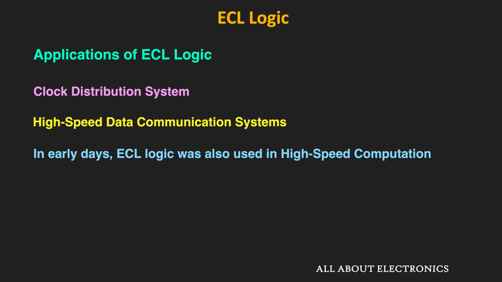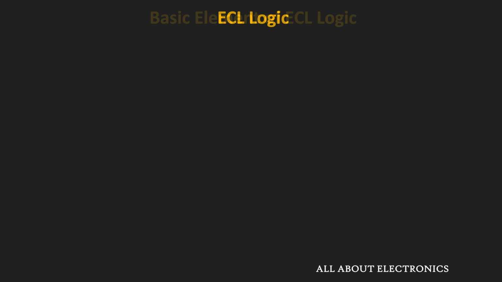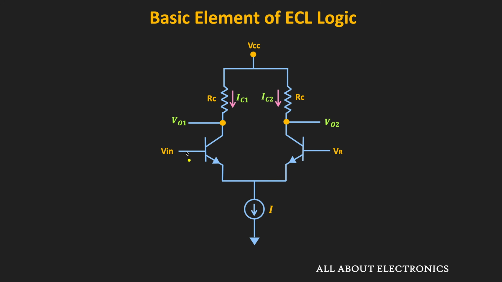So now, let us see the basic element of this ECL logic gate, and let us understand the basic working principle of this ECL logic. The basic element of this ECL logic is the differential amplifier, and here this differential amplifier is used as the current steering switch. That means by changing the input voltage by a small amount, it is possible to steer the entire current from one arm of the differential amplifier to the other arm.